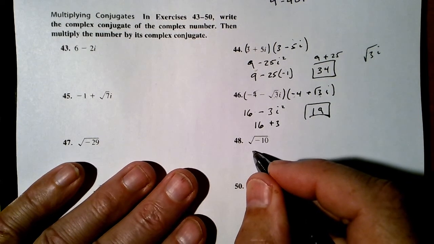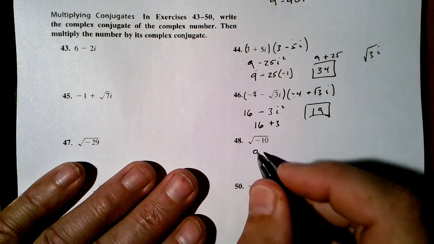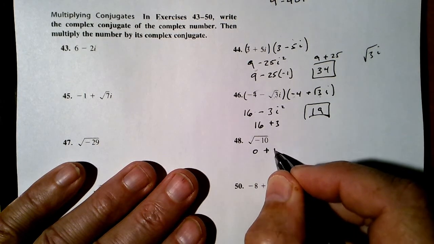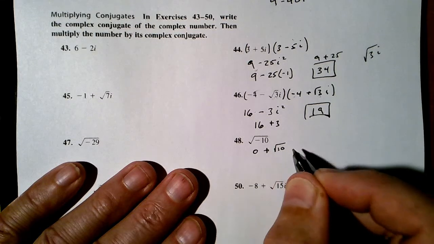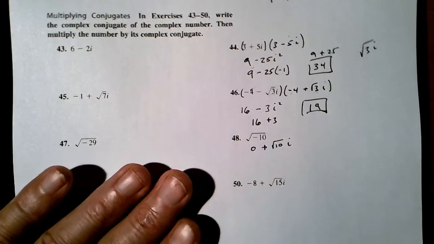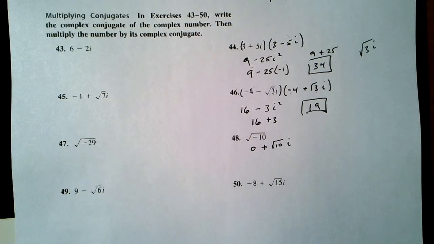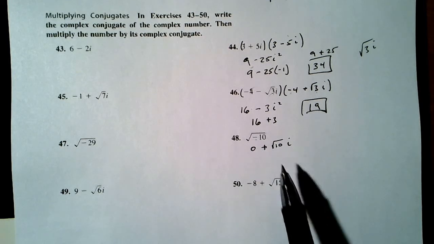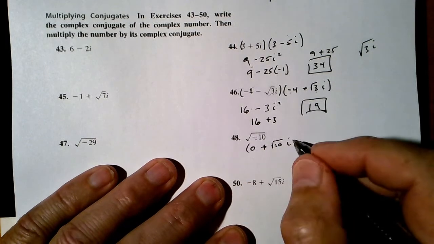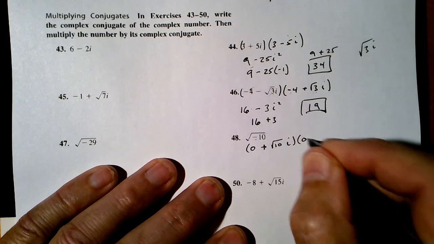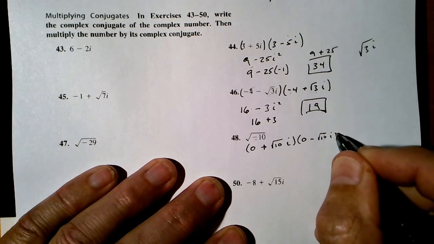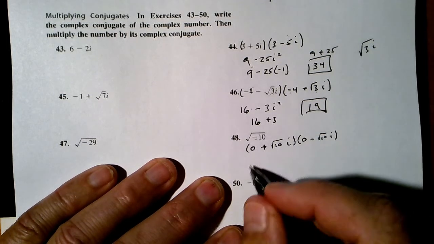Now, we should probably think of this as 0 plus square root of 10 times i, because that's negative 1 times 10, square root of negative 1 is i, square root of 10 is square root of 10. So now if I multiply that by its conjugate, 0 minus square root of 10 times i, I get 0.